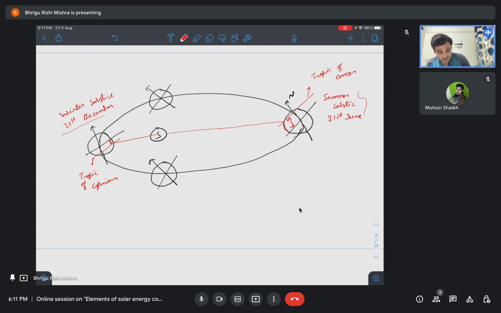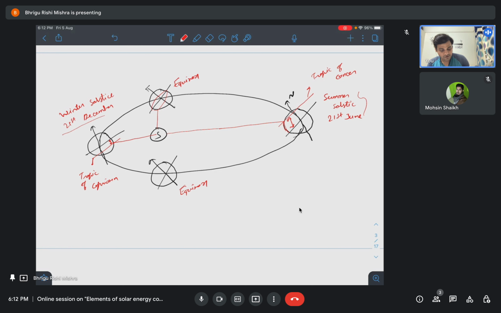These other two positions are called the equinoxes. On these two positions, the Sun radiates its beam perpendicular to the equatorial plane, that is, the Sun is overhead of the equatorial plane. So this is the equatorial plane, and the Sun radiates normally on the equatorial plane at equinox.